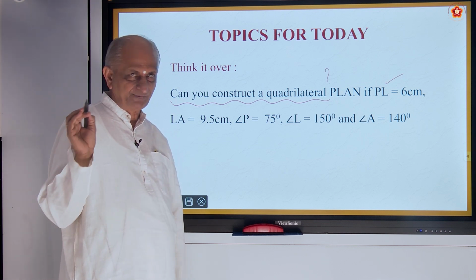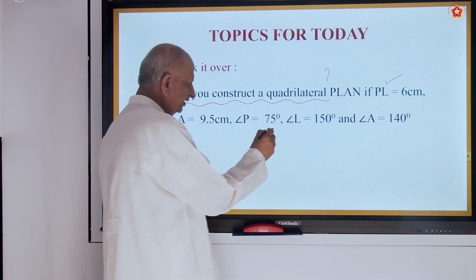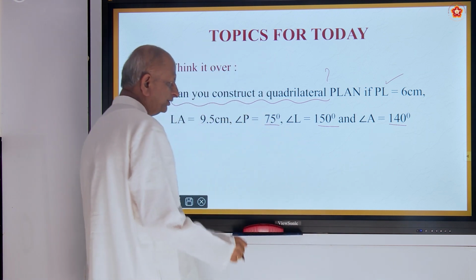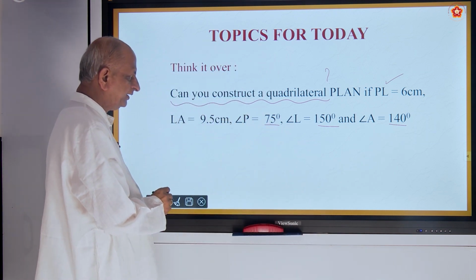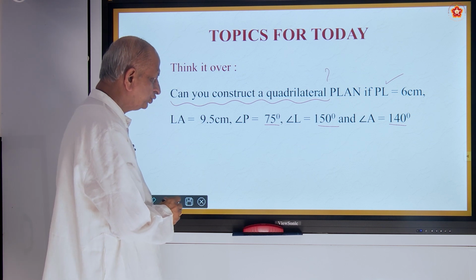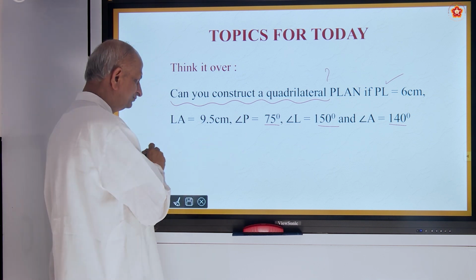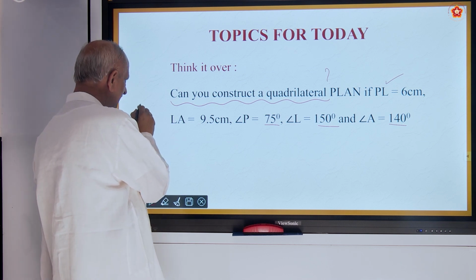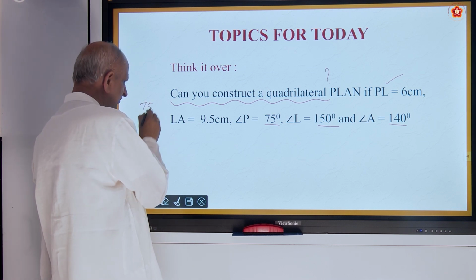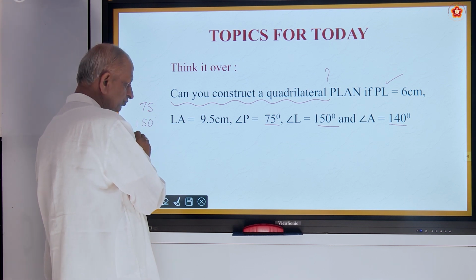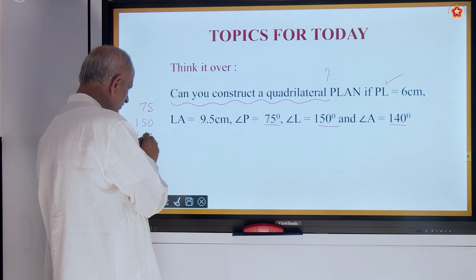But if you observe carefully, the sum of the 3 angles will be more than 360. Suppose you add 150 plus 140, it will be 290, plus 75, 365. Are you following? 75, 150, 140.